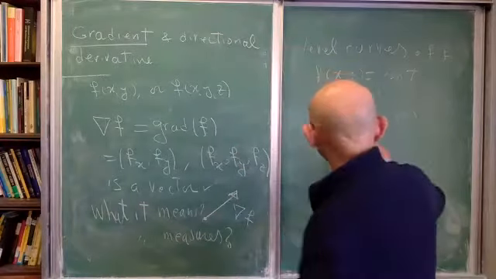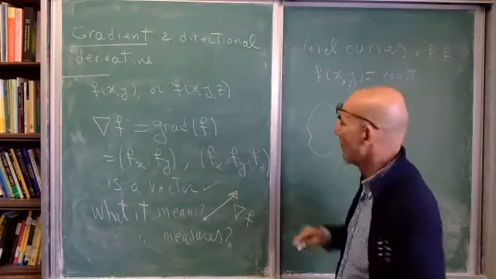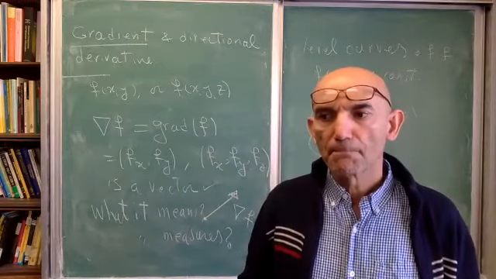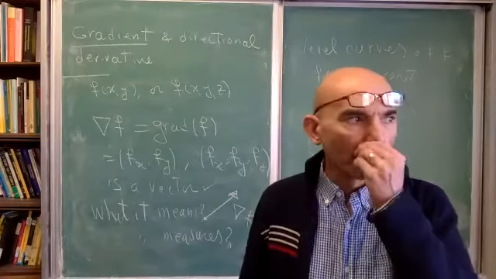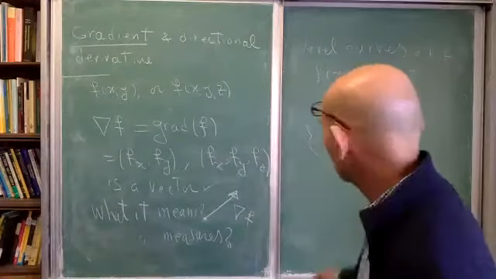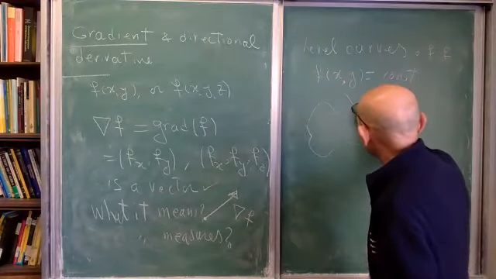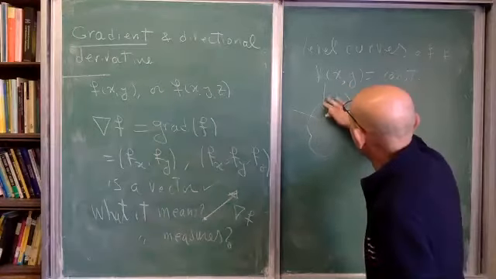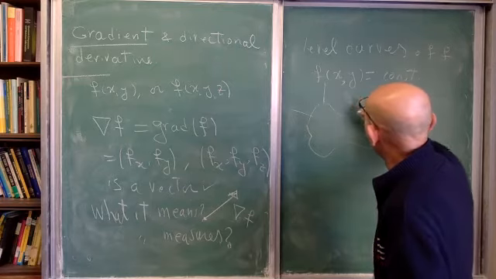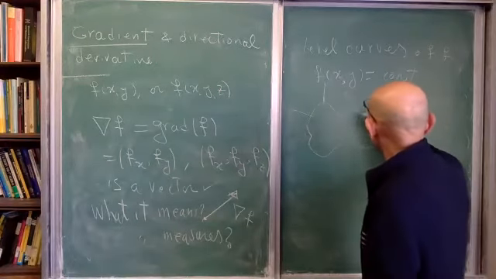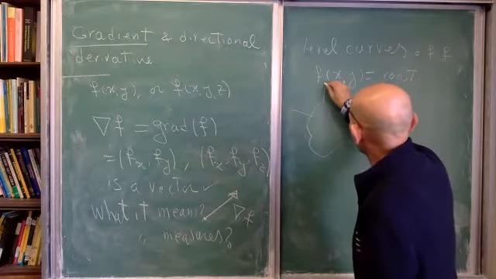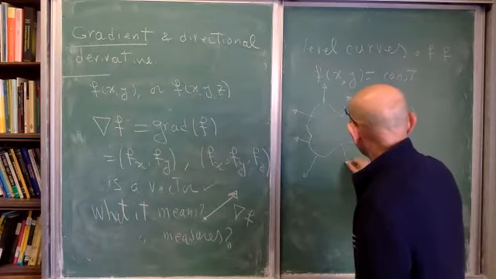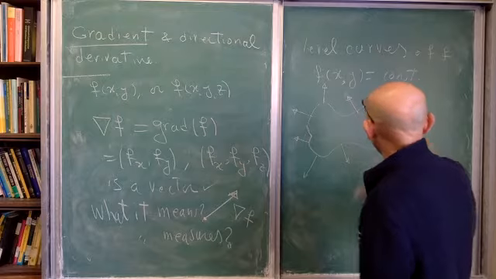Okay, what's the relation between this curve and gradient? Do you remember? What happened is that at each point, the gradient is orthogonal to this curve.